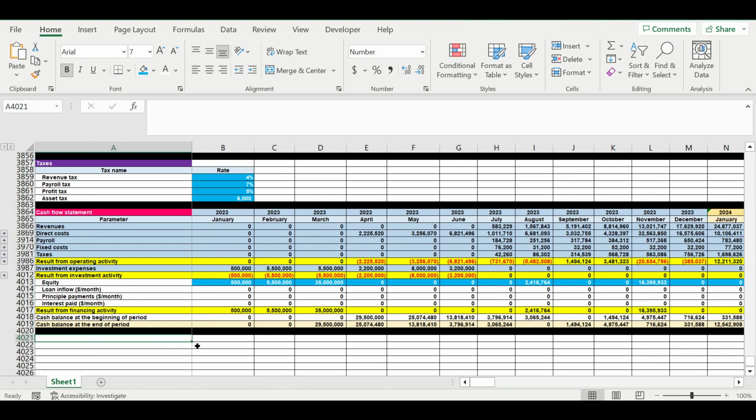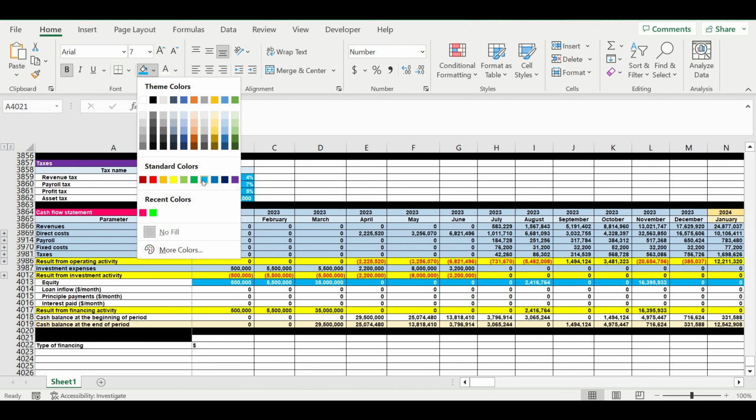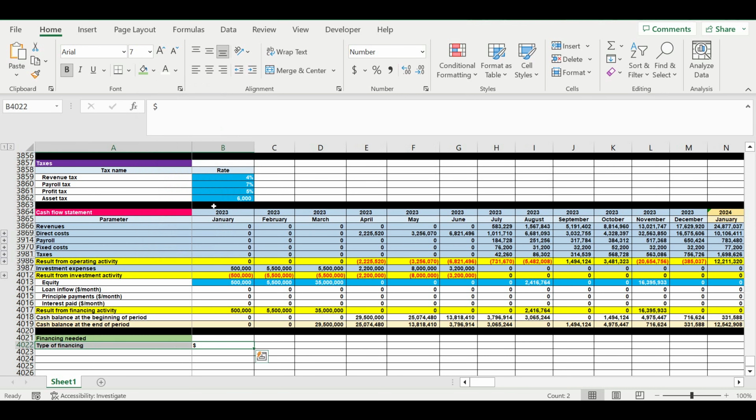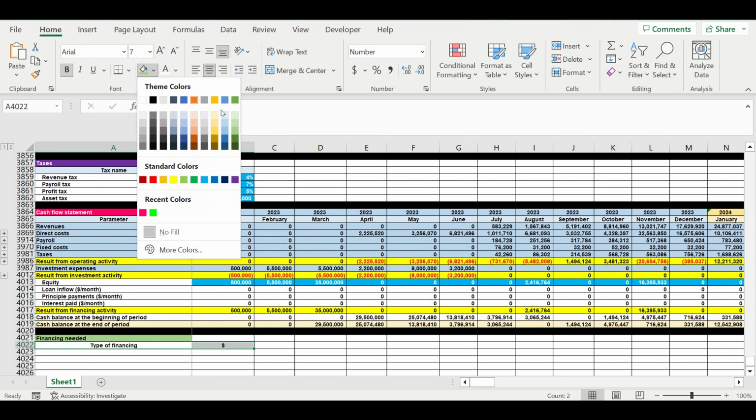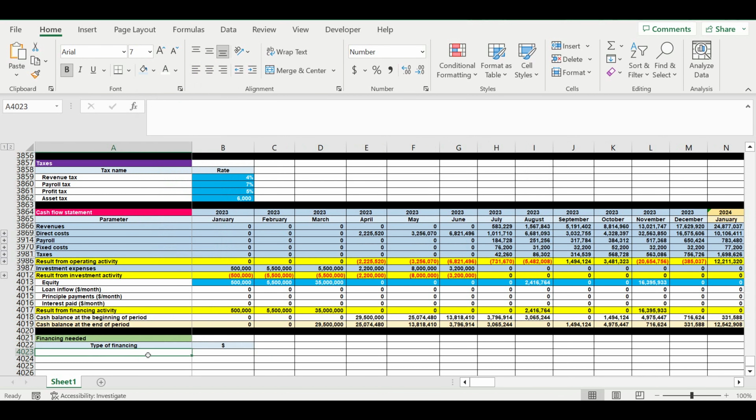Now let's create a simple table. Financing needed. Here I will place the name, type of financing. This will be the dollar amount column. So here we'll place the equity, loan.